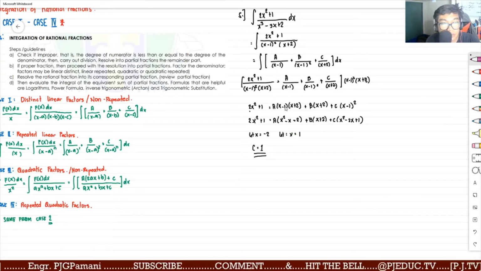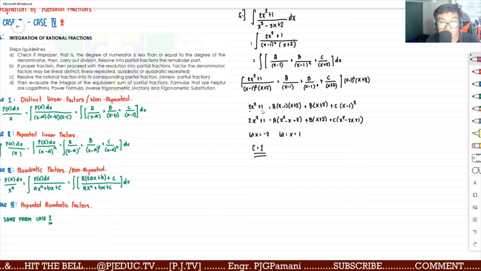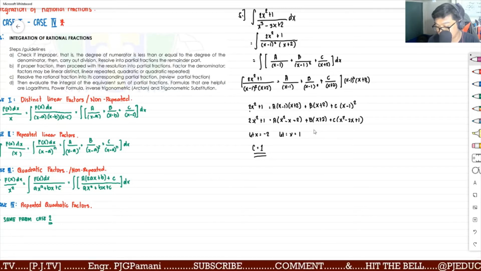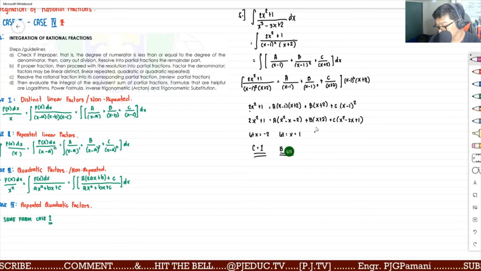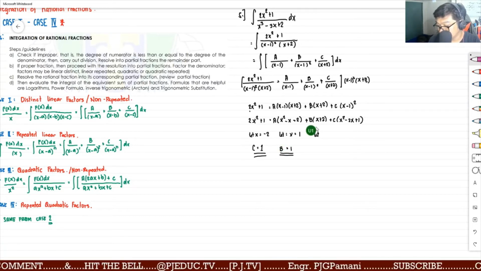If I substitute positive 1 here, 0. Positive 1 here, 0. So, yung B ang masosolve natin. 2 times 1 squared plus 1 is 3. 3 divided by 3, B is simply equal to 1.